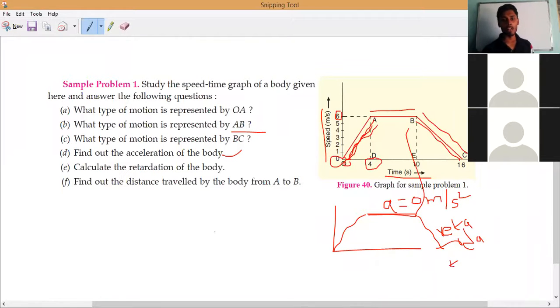What is the acceleration formula? Final velocity minus initial velocity divided by time. Final velocity is 6 minus initial velocity 0, divided by final time 4 minus initial time 0. So how much is it? Solve it, all of you.